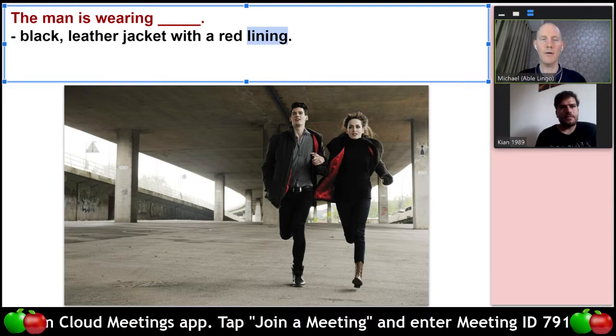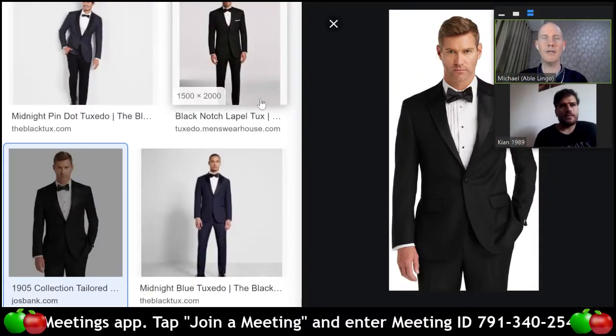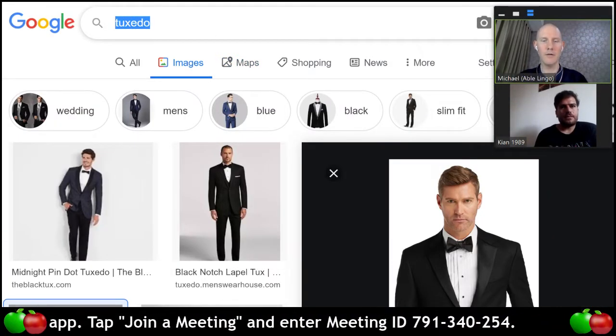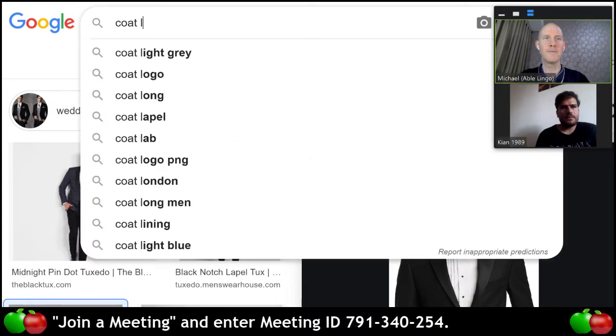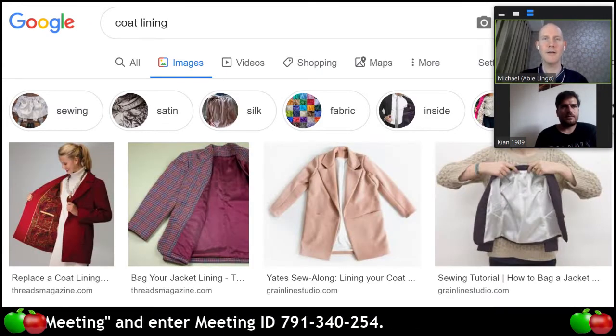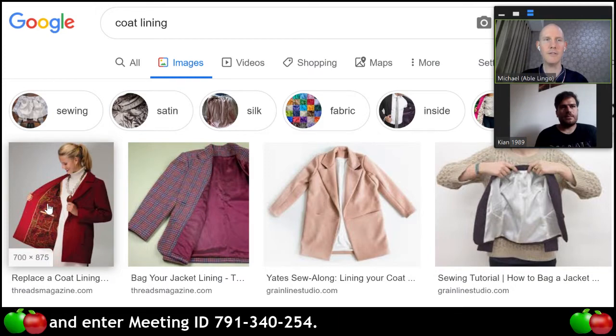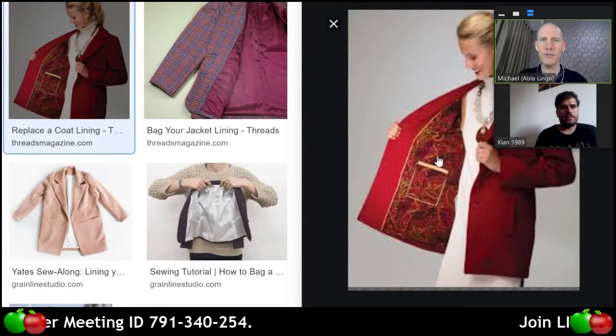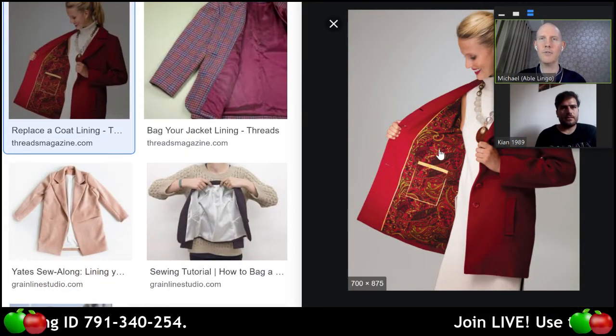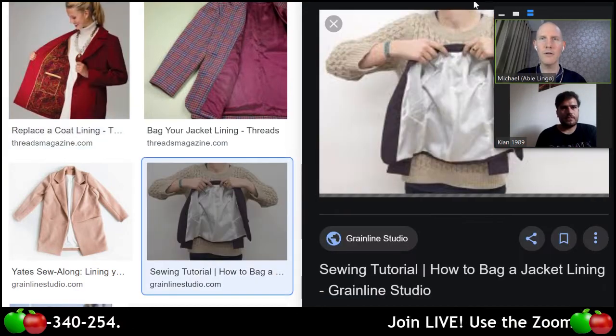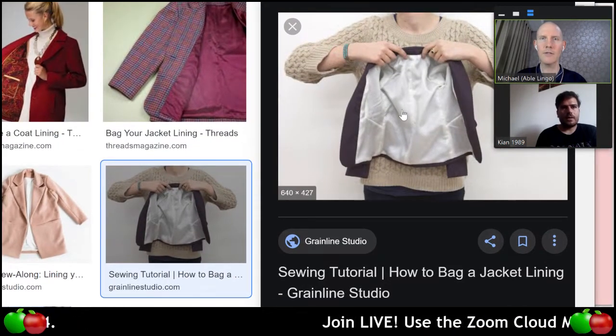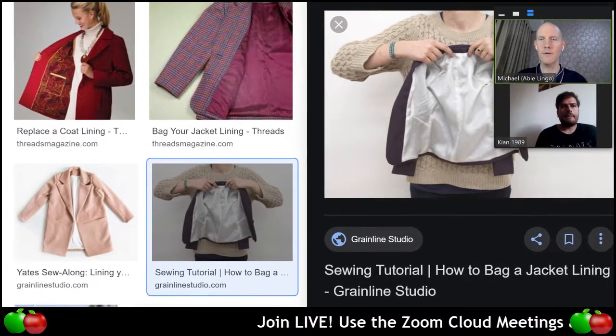Lining. If you have the lining of a coat, it is the inner layer underneath. So coat lining. So it's inside. So this lady, she's showing us her lining right now, which is inside the coat. Or this one has like a silver lining, right?